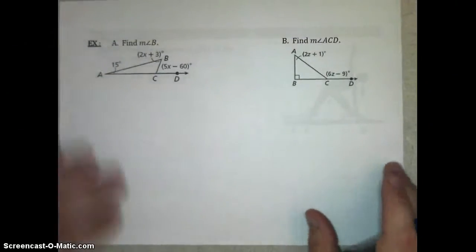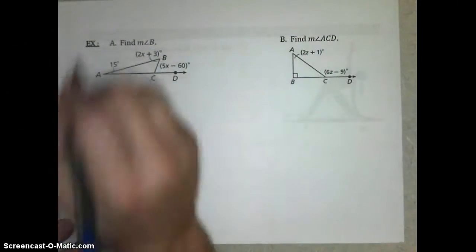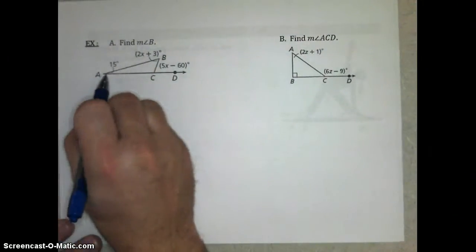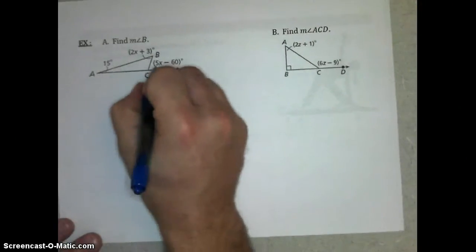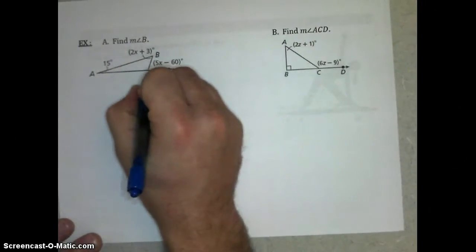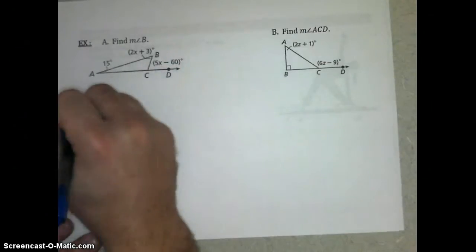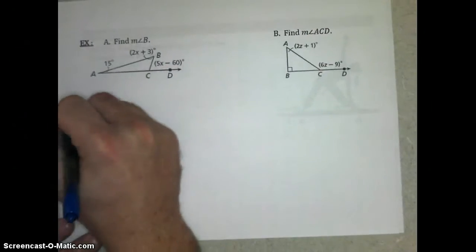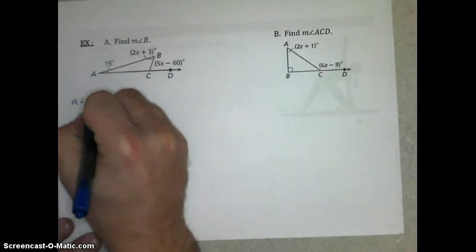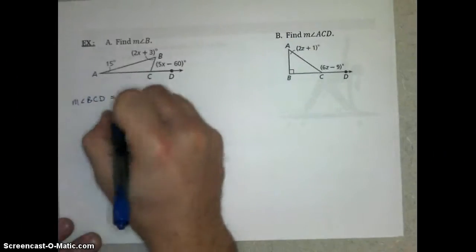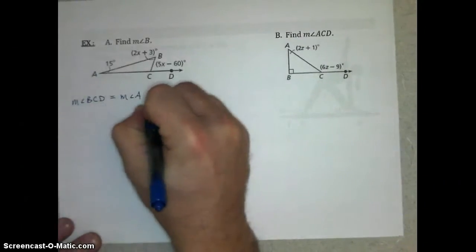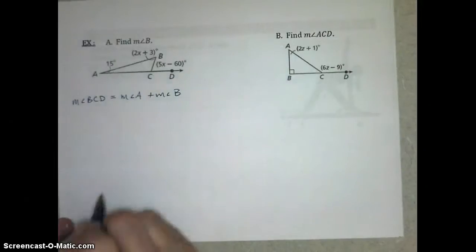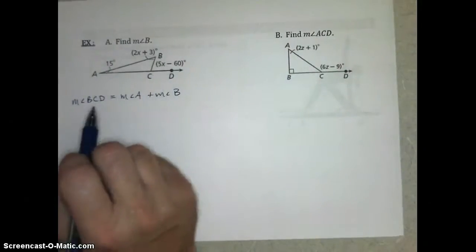So let's find the measure of angle B in the next example. We are given angle A is 15 degrees, angle B is 2x plus 3, and 5x minus 60 is the exterior angle BCD. From that theorem we just looked at, the measure of angle BCD, which is an exterior angle, has to be equal to the sum of the remote interior angles, measure of angle A plus measure of angle B. Then we're just going to substitute the values we have in this diagram.